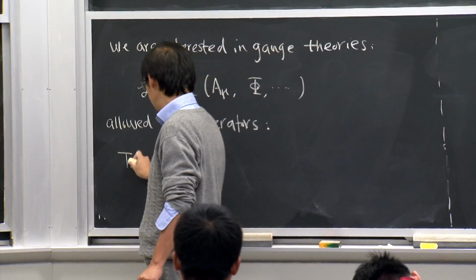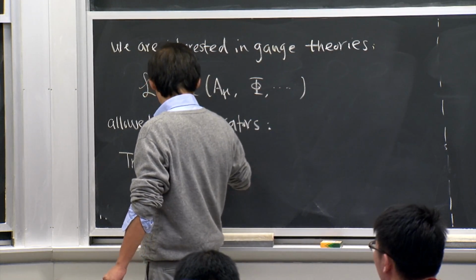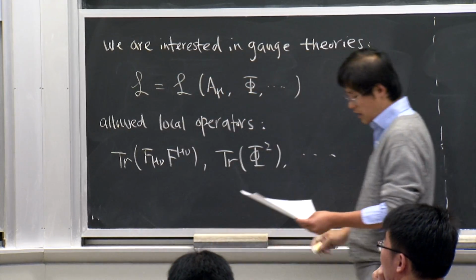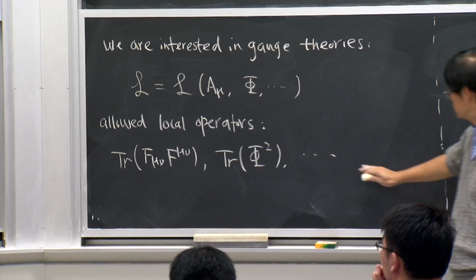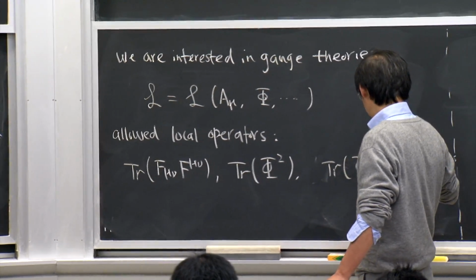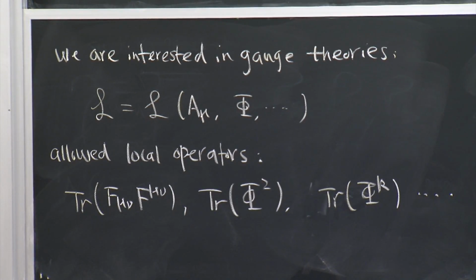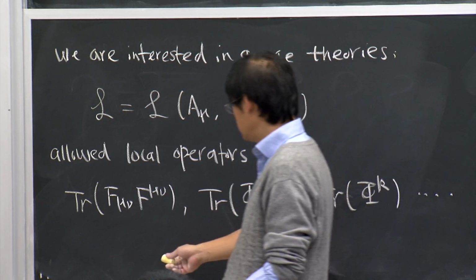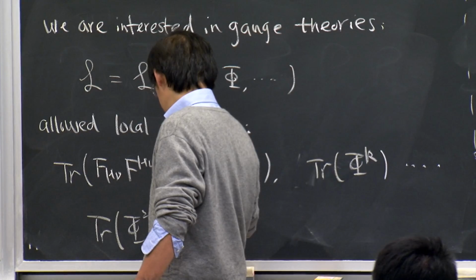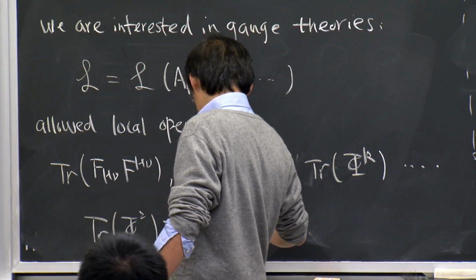You must have the form trace F_mu nu, or trace phi squared, or trace phi to some power k, etc. You can also have operators with more than one trace, say trace phi squared times trace F_mu nu, etc.